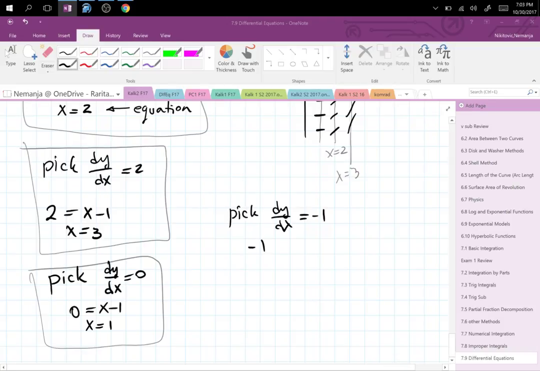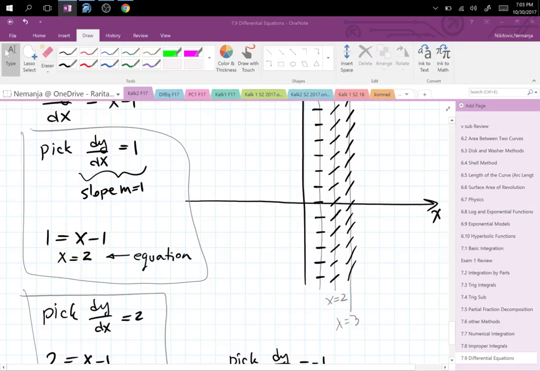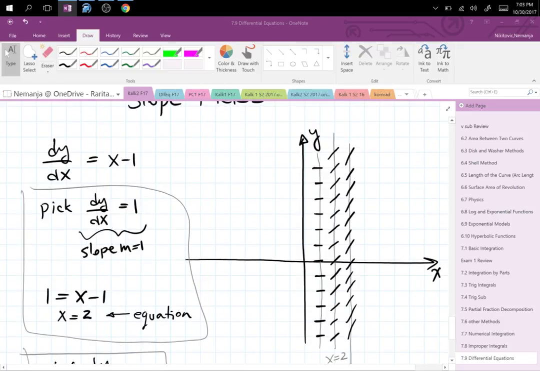So we have -1 is equal to x minus 1. So we have x equals 0. X equals 0 is the y-axis. And we are supposed to draw -1 slopes. So there are 45-degree segments that look like this.